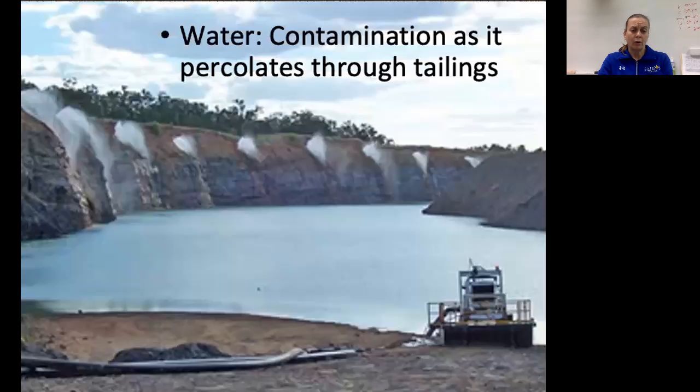There's also a lot of water contamination that occurs with mining. Before or after mining is concluded, as water percolates through the tailings, it's going to pick up all of the contaminants in those tailings. Remember, the tailings are the waste from the mine. These tend to be very heavily acidified, which means that they're also going to pick up heavy metals from the soil, as well as leach nutrients from the soil.